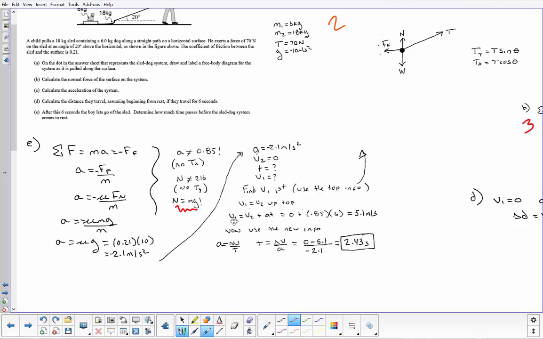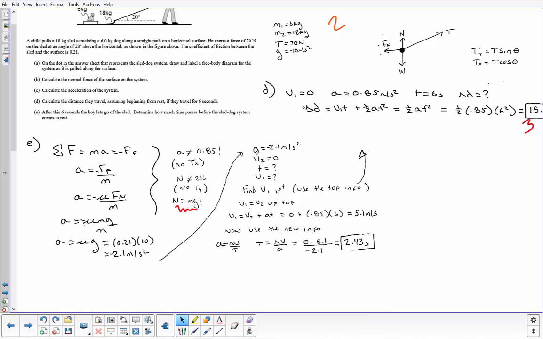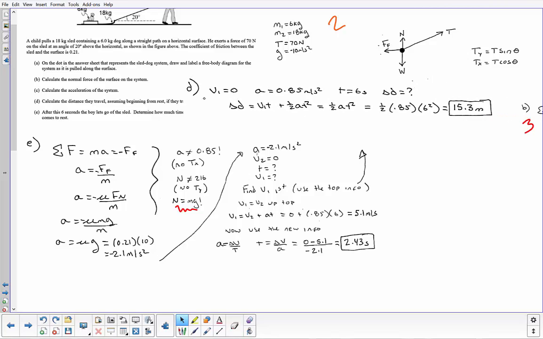So we have the knowledge that way in the beginning, they started from rest. Let me use my D values. Let's look at part D here. Part D, we know the initial velocity is 0. We know the acceleration is 0.85. We know for the first 6 seconds it's accelerating like that. I want to figure out the velocity at the end of that first 6 seconds, and that'll be my initial velocity in this part down here. So we have to do that first.